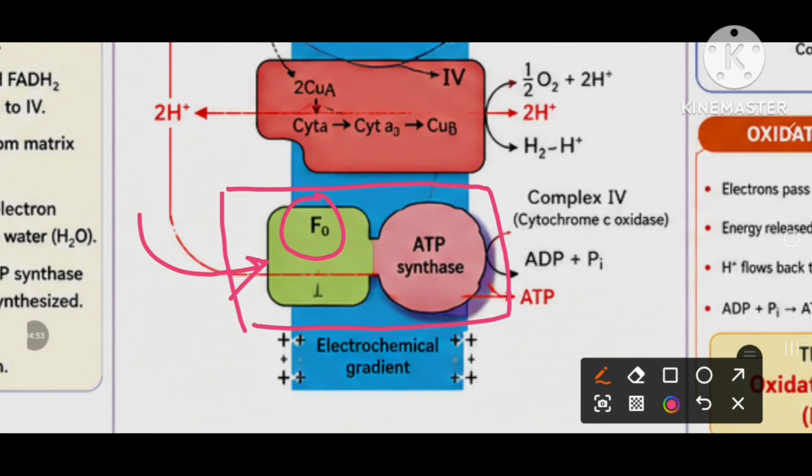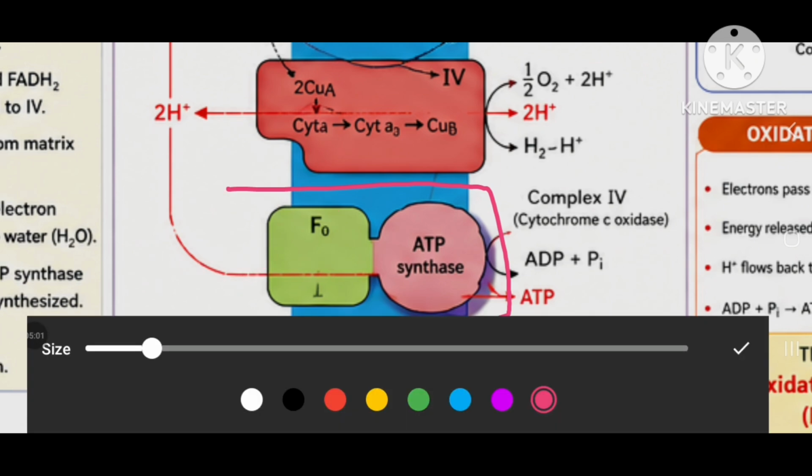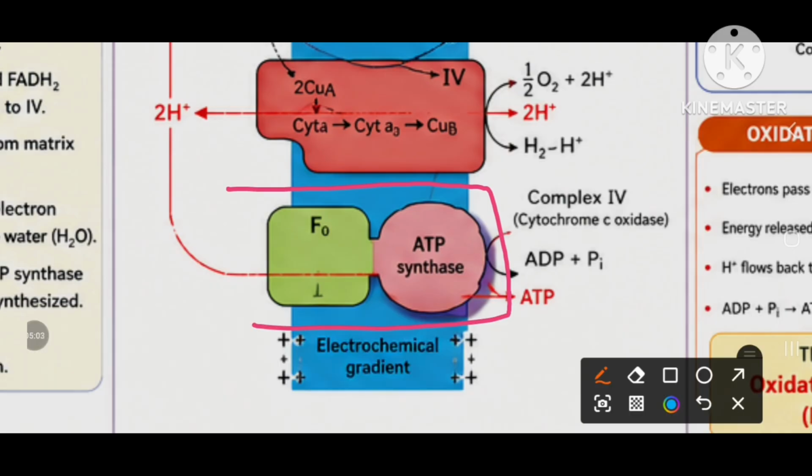So whenever the hydrogen concentration is more in the intermembrane space, this will create a gradient, and then the F0 particle activity becomes more, and this F0 will act as a hydrogen pump channel.